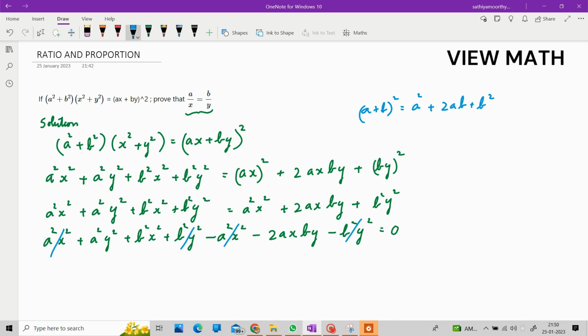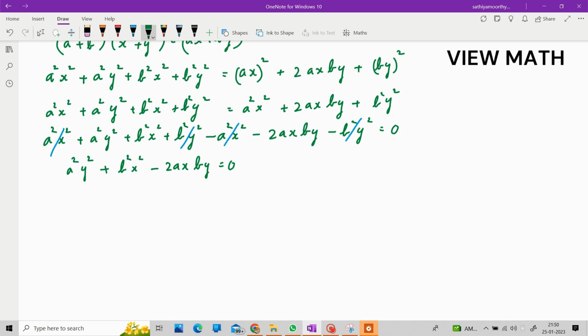So the remaining terms I am going to write: a square y square plus b square x square minus 2axby equal to 0.